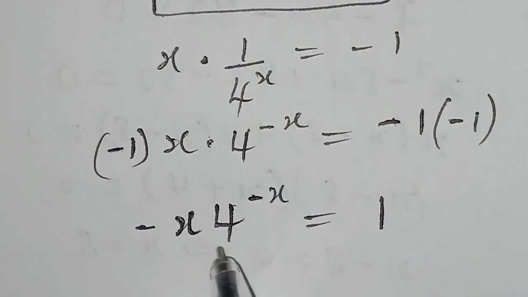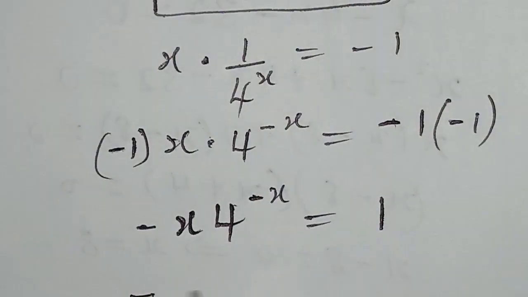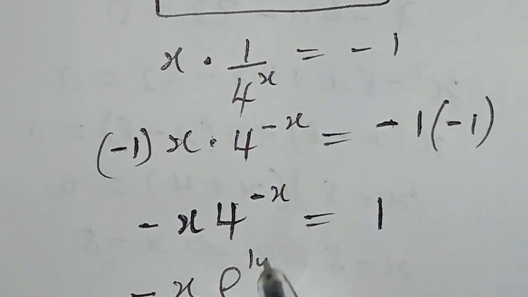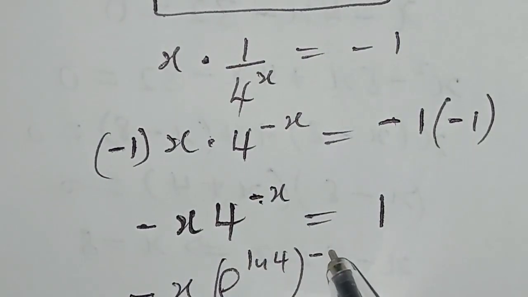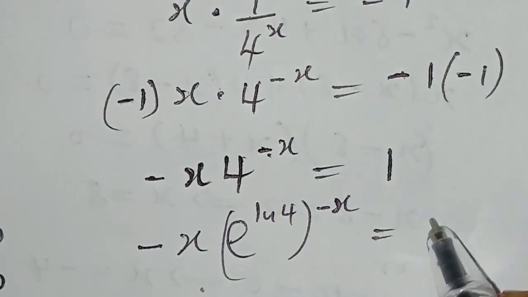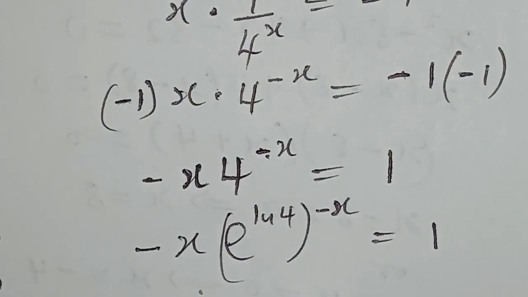Now from here we can take the exponent of 4. So if we do, we have minus x, e to the power of ln of 4 into brackets minus x, and that is equal to 1. Let's multiply both sides by ln of 4.